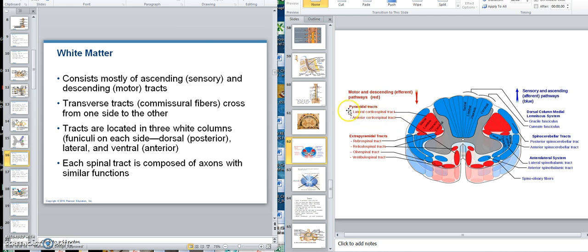So they both have the same origin and destination, but they do different things. These tracts work with your skeletal muscles. The lateral corticospinal tract sends neurons primarily to your arms and legs, whereas the anterior does more of the trunk skeletal muscles. But they still are going from what? The same origin to destination.